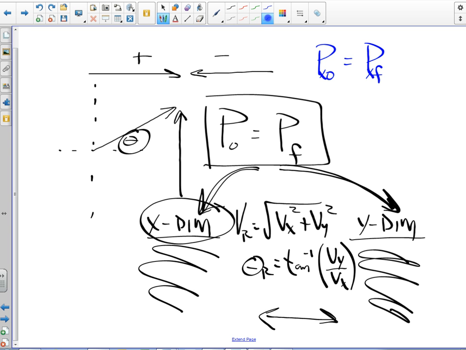So the conservation of momentum still holds. We just look at it for x. And then meanwhile, at the same time, or a little bit later on, or during the problem, we will look at the original and final momentum in the y dimension being equal as well. So the conservation of momentum really gets split into two parts during the course of the problem.